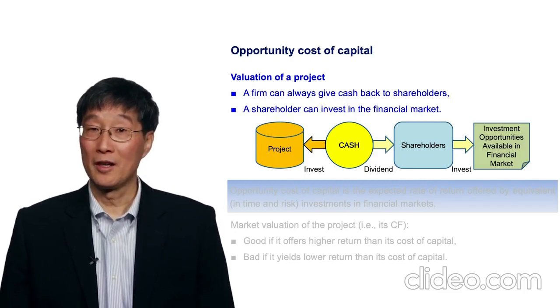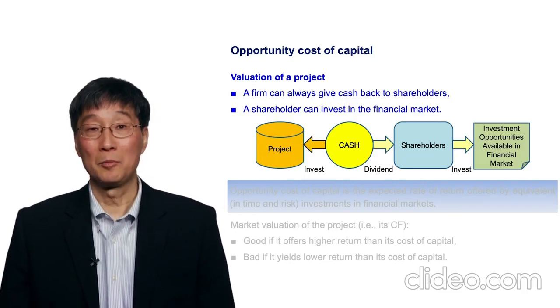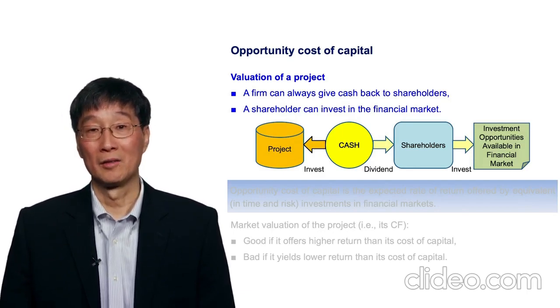We should take the project only if its expected rate of return, X, exceeds R. Otherwise, the shareholders can just take the money and invest in the market, bearing the same risk, they can earn R with no cost and effort.